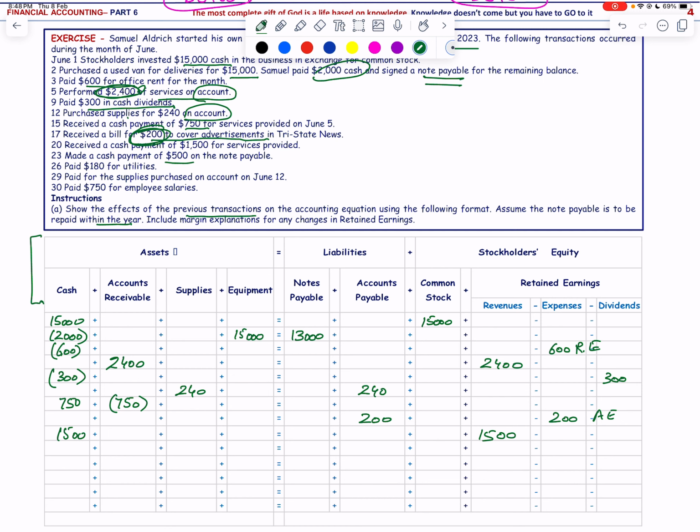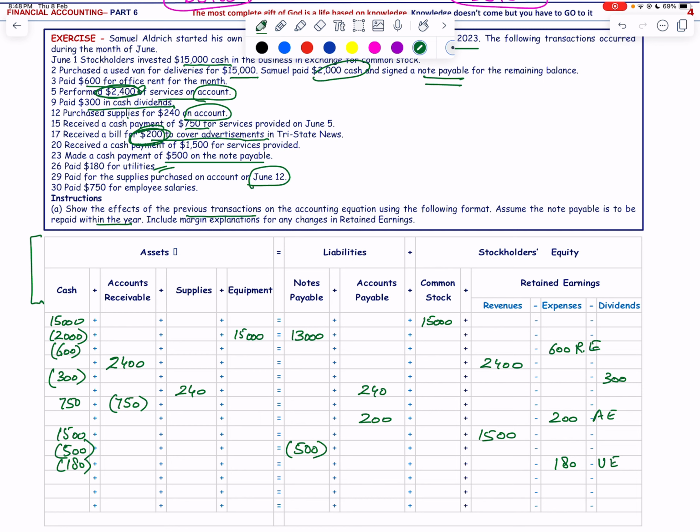Made cash payment of 500 on the note payable. We are paying 500. So cash decreases and we are paying our notes payable. So our notes payable will decrease by 500. Then paid 180 for utilities. So cash decreases by 180 and this is a utilities expense for 180. Then paid for supplies purchased on account on June 12.